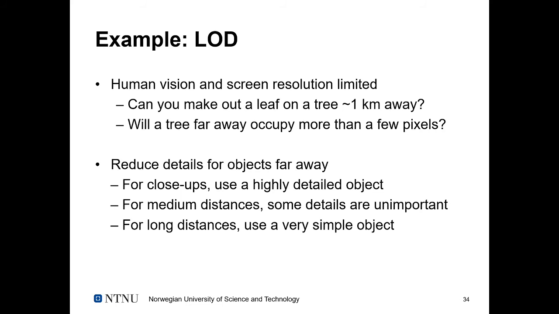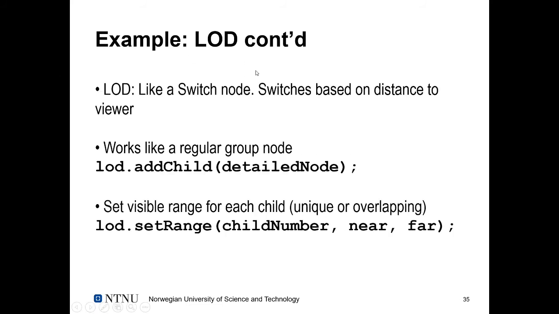If you have a pine up close, you can see its needles and its branches, but if you move it 100 meters away, you don't see the needles anymore, for example, and you just see coarse outlines of branches. And also a tree far away will occupy fewer pixels usually. So the point is to save computational complexity, you will try to reduce the details for objects that are far away, and then have higher resolution when they're close up. And this you can do quite easily using this LOD node.